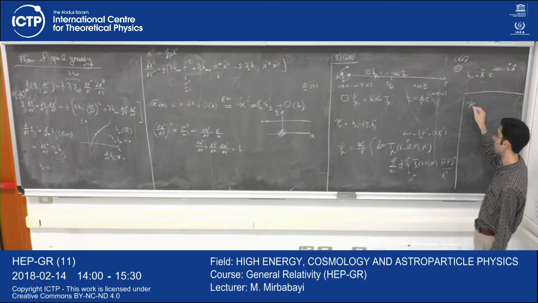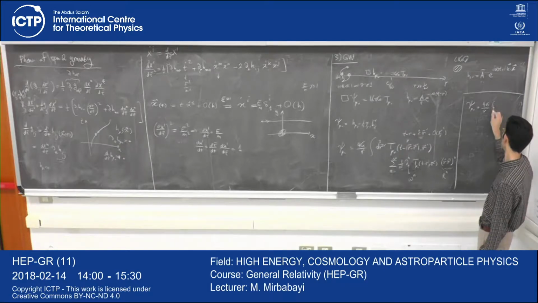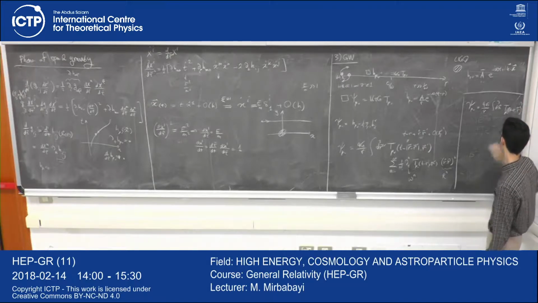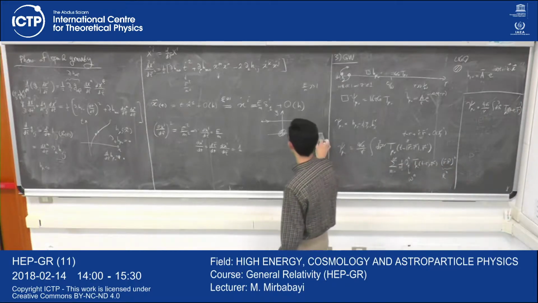to leading order, we get psi mu nu equals 4G over r times the integral d3x' of T mu nu of t minus r and r prime. Let me write it here.